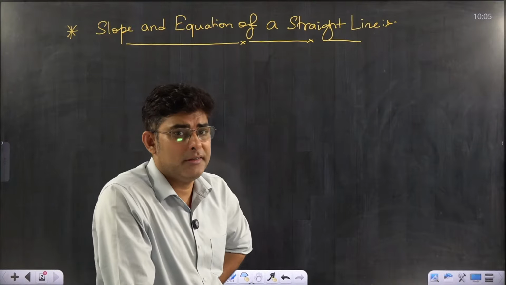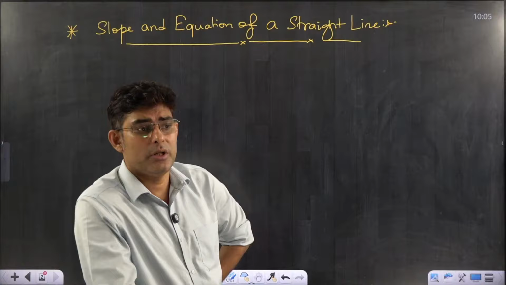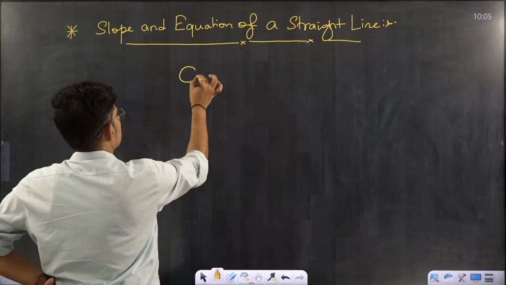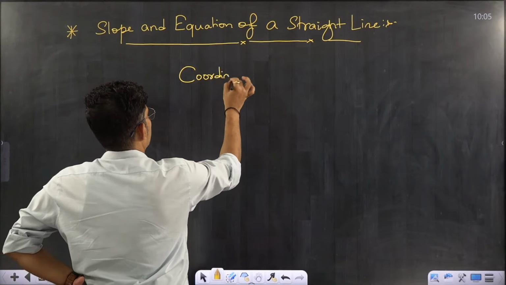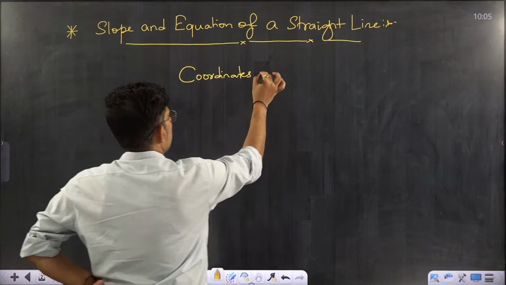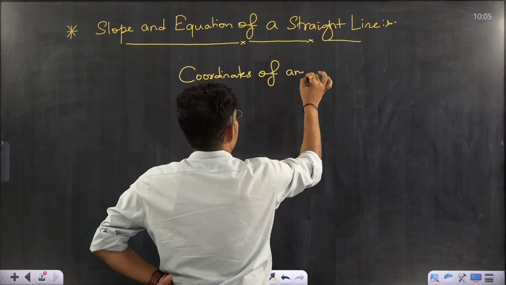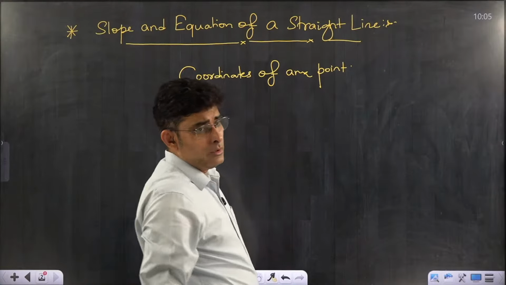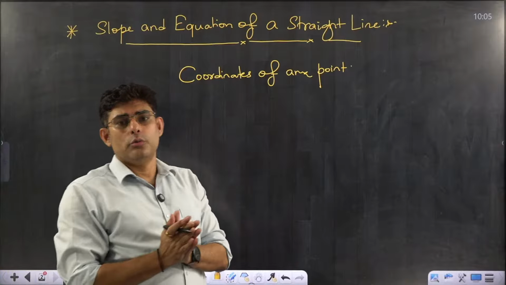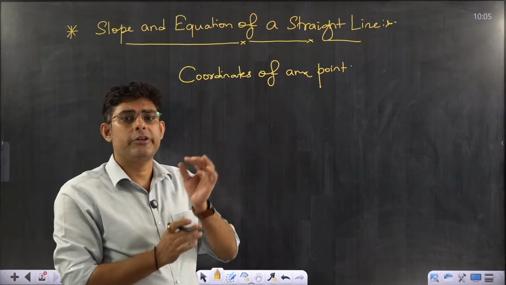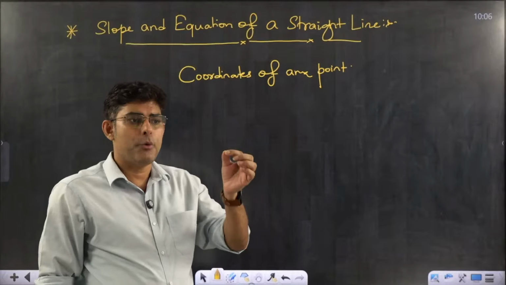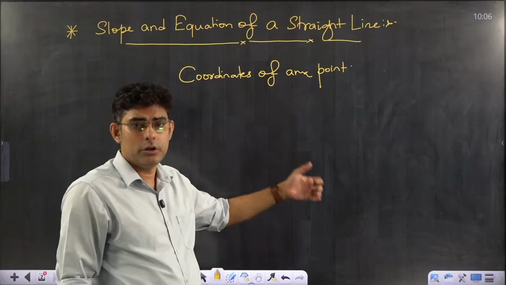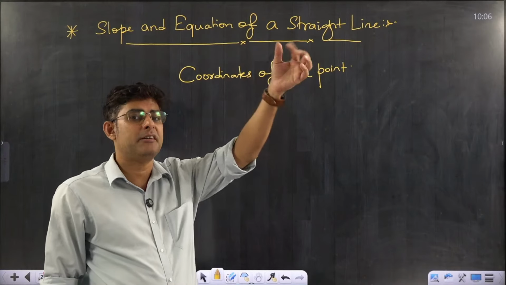So what is the equation of a straight line? To understand that, first we will deal with what we call coordinates of any point. Now suppose I want to show the position of any point anywhere. The point can be lying on a straight line, the point can be lying on a plane like this board, or the point can be lying anywhere in space.